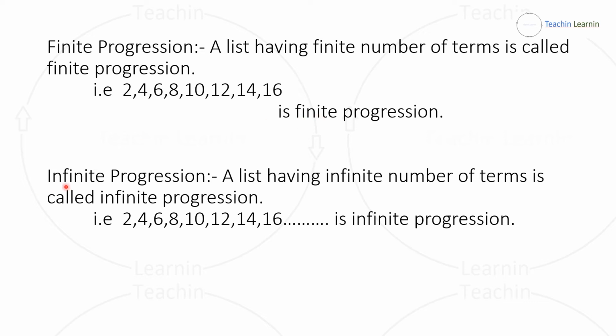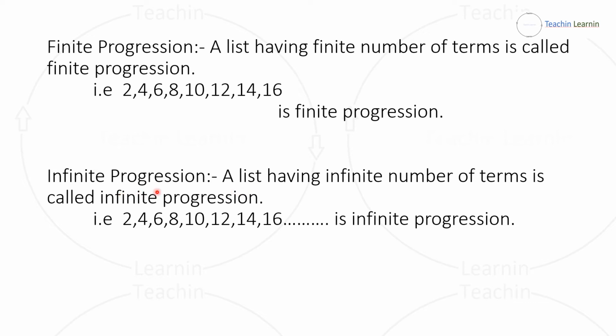Second one is infinite progression. Infinite progression is a progression in which the number of terms is infinite. You can't say anything about this progression, that the number of terms is 4, 8, 10 and so on.